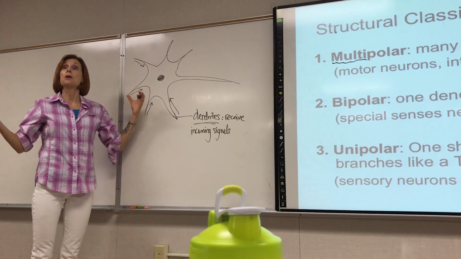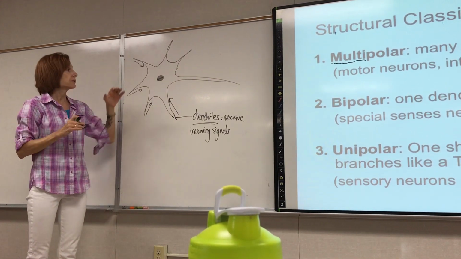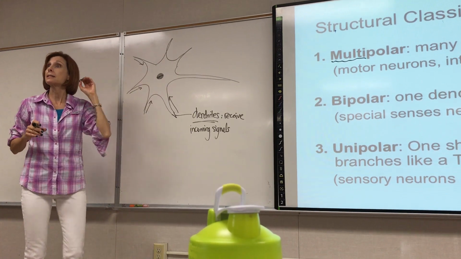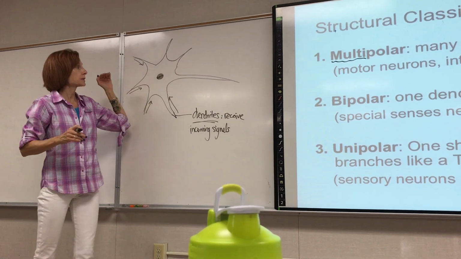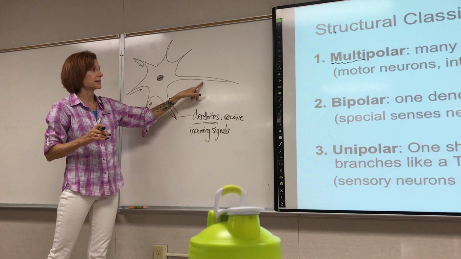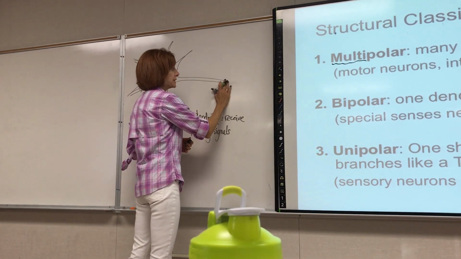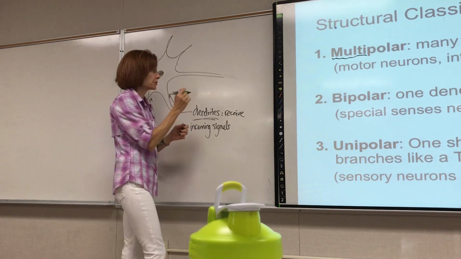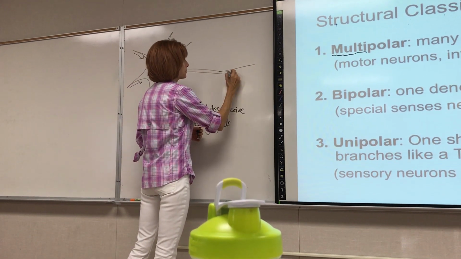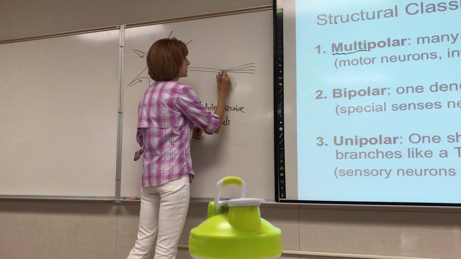And so based on all the incoming information, if this neuron decides to send an action potential, it will send it along this process. What is this one called? The axon. We talked about how axons usually branch many times. So we'll put some branches here.